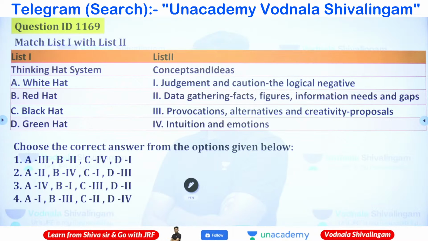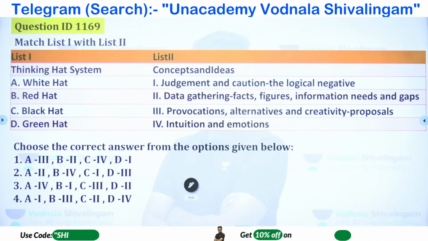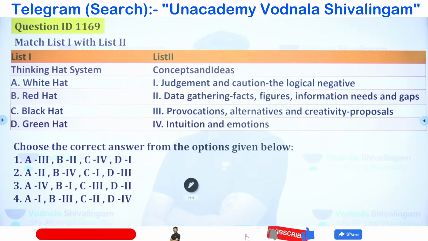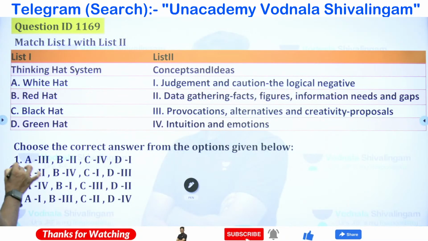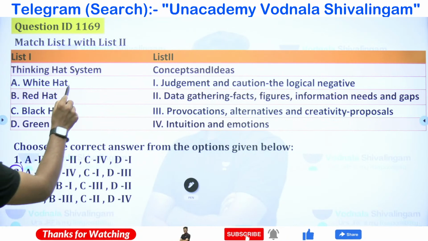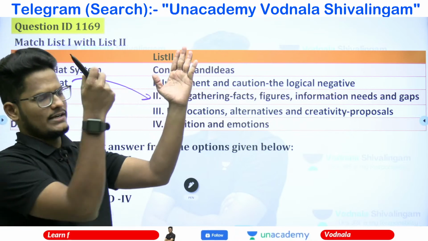Thinking hat system and conceptual ideas. Option B is the given answer. White hat indicates data gathering. On the white paper, you have to write the information.